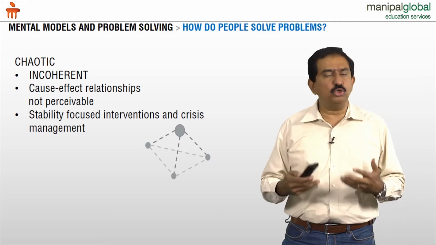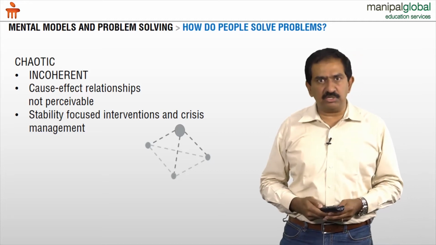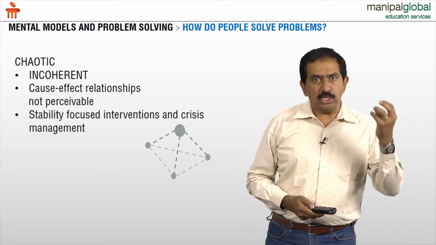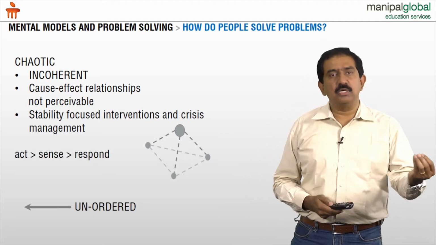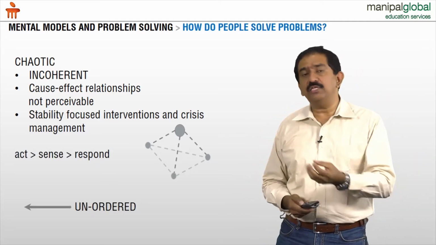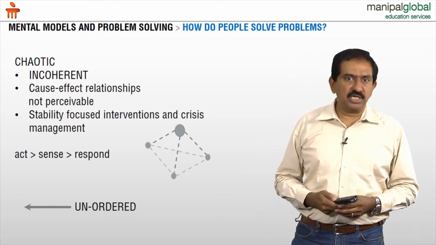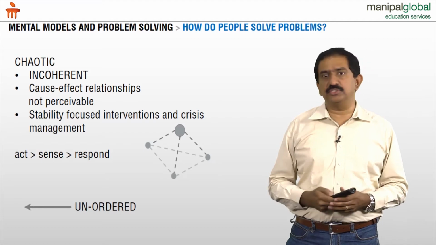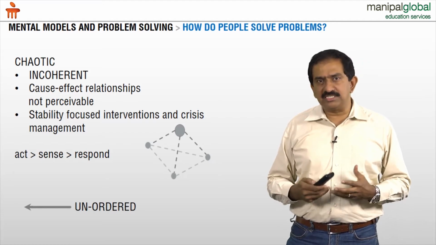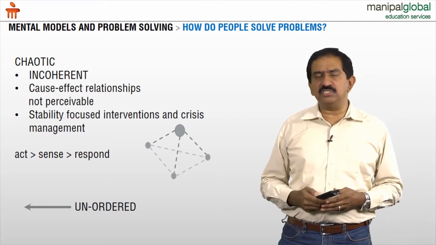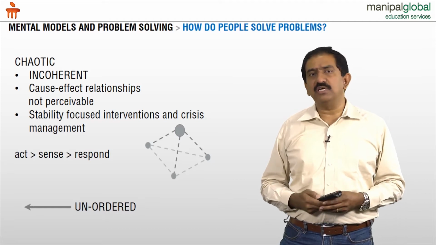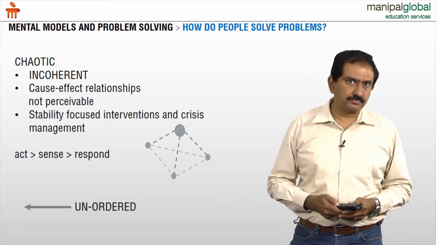I'm trying to bring the human body back to its stable condition. So first of all, you act, then you sense what happens, and then you respond. This is how people manage chaotic situations. All stability focused interventions come under this category of crisis management.